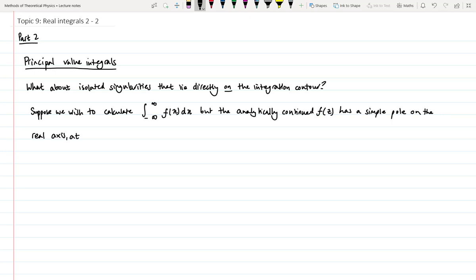Let's call that point x0. You'll recall that a simple pole means that -1 is the most negative power in the Laurent series.